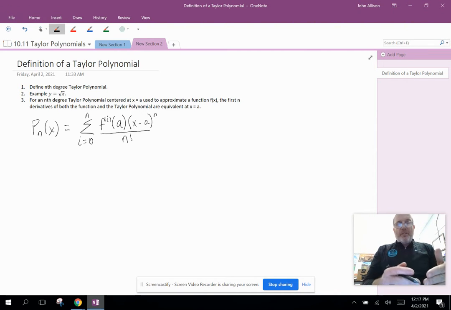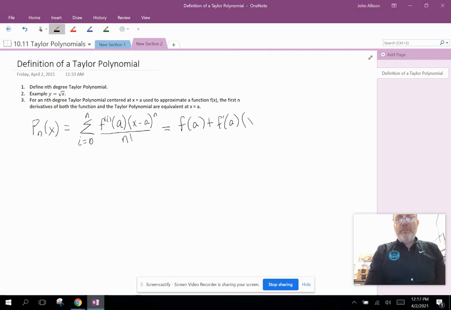So the 0th derivative of f at a is going to actually be f of a itself. So this is going to end up being f of a, that's the y value of the point we know on the function centered at a, plus the first derivative of the function evaluated at a times x minus a over 1 factorial. By the way, 0 factorial is 1. We talked about that the other day.